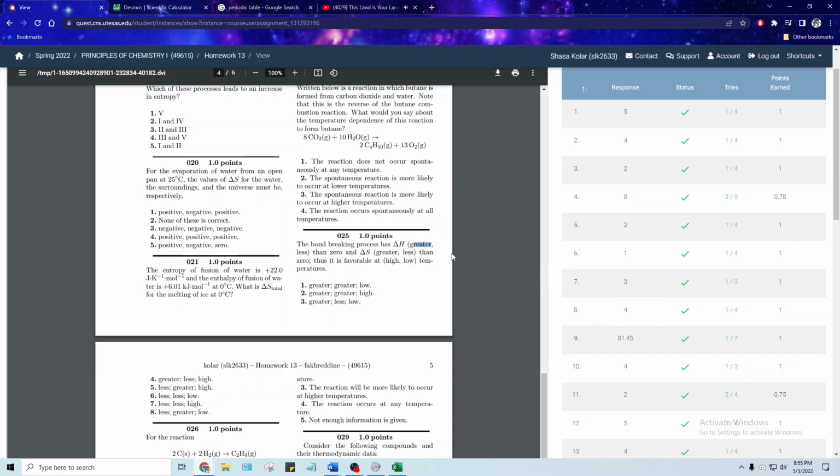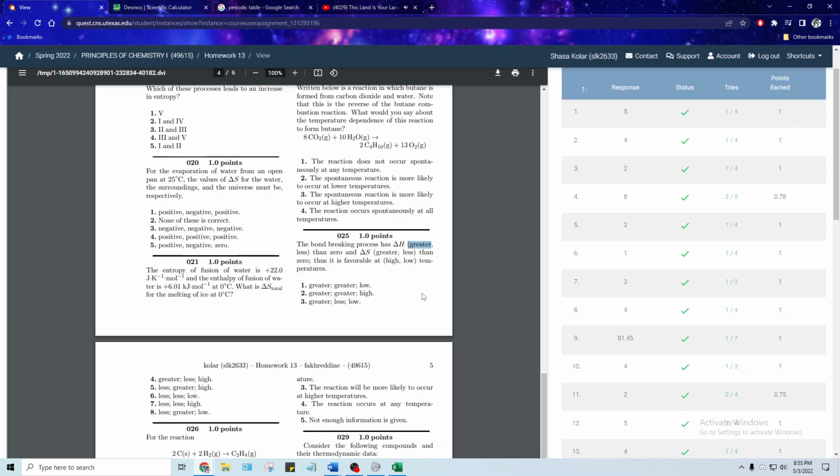A better explanation of this is that breaking bonds requires energy, and forming them produces energy, I think. And energy in is delta H positive.